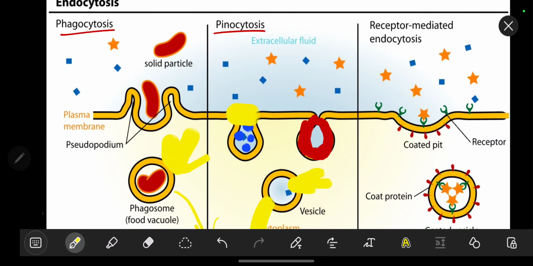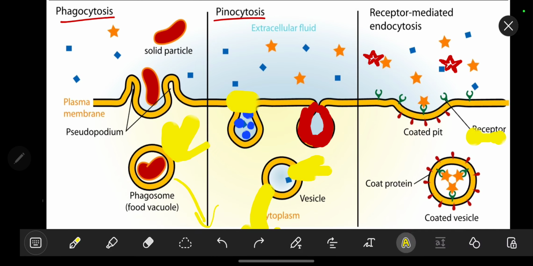For the third type of endocytosis, this is receptor-mediated endocytosis, whereby only substances that bind to the receptor are taken in. Now remember, receptors are specific. So just as I have said, under this one, these substances that bind to the receptor like that are the ones that are enveloped or enclosed.